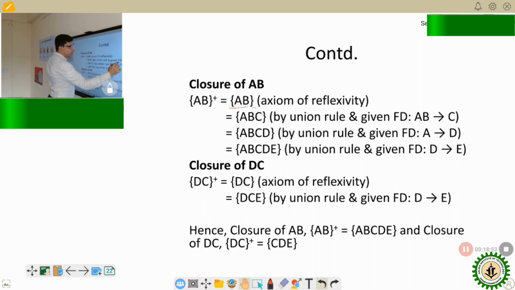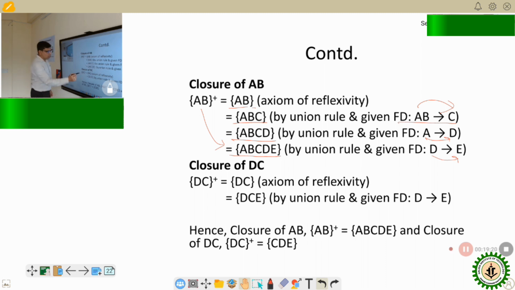From the functional dependency AB arrow C, AB determines C, so you can add C into the closure set. Then A derives D, therefore D is included in the set. Again D derives E, therefore E is also included. So that is the closure of AB plus.